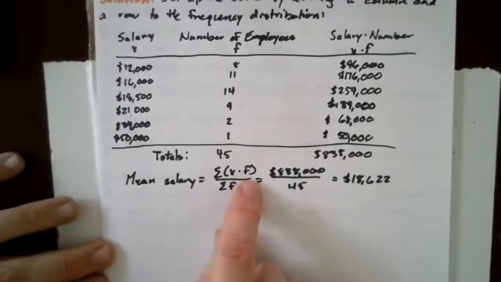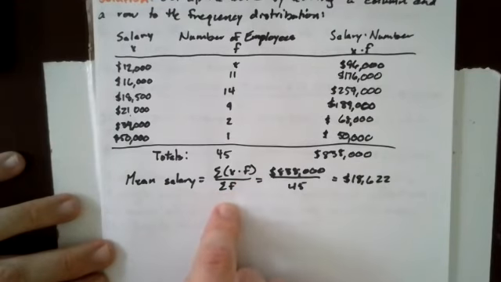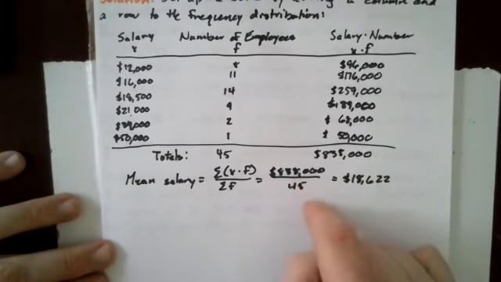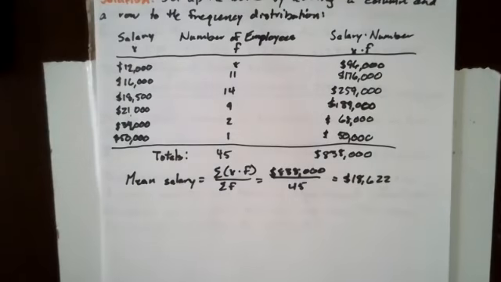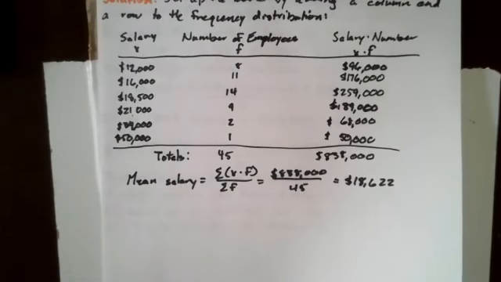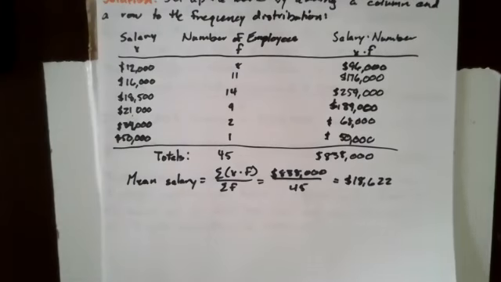So the mean salary will be the sum of the salary times the number divided by the sum of the numbers. So that's $838,000 divided by 45. It's about $18,622.